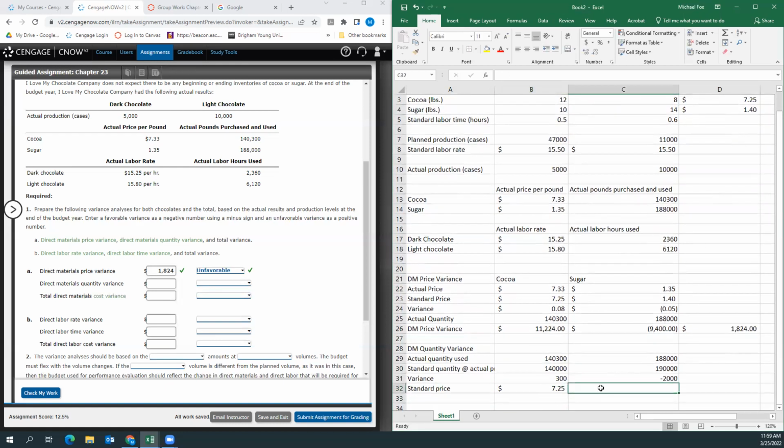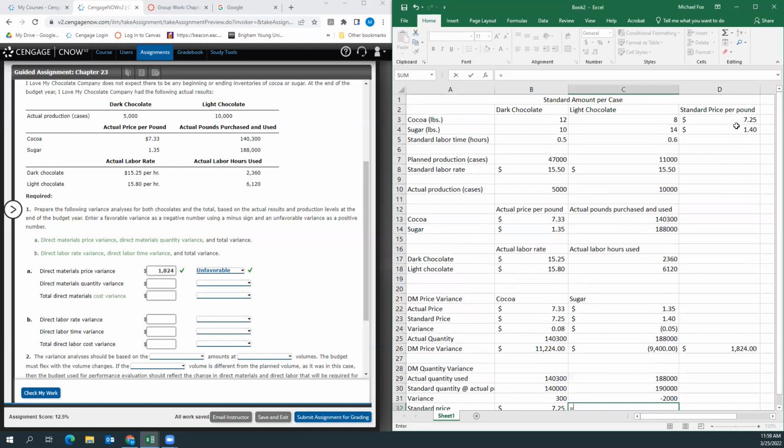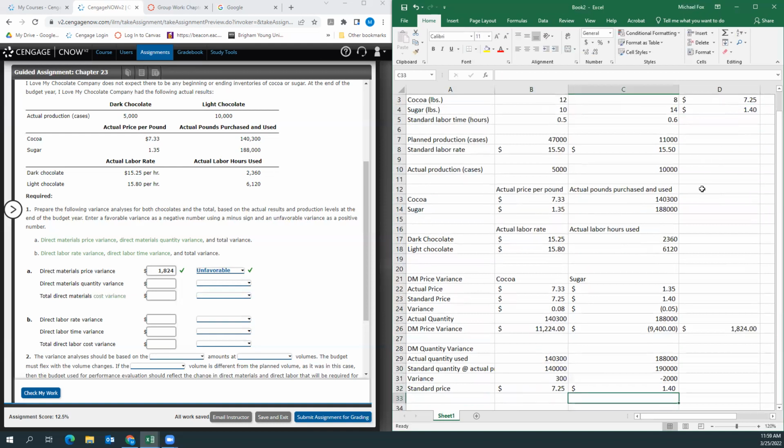And the standard price per pound of sugar is right here at $1.40 per pound. So now when we multiply that variance times the standard price, we'll get our direct materials quantity variance.